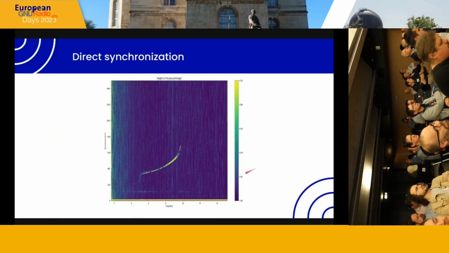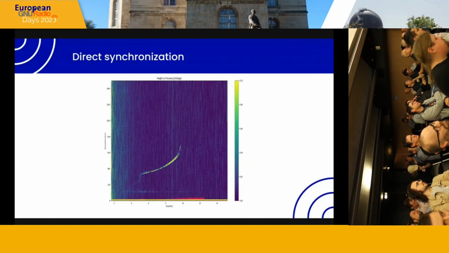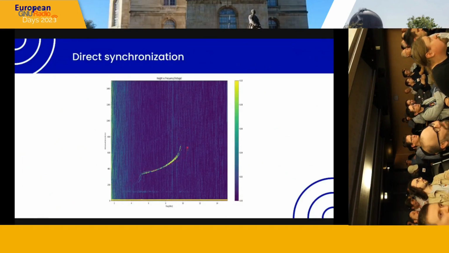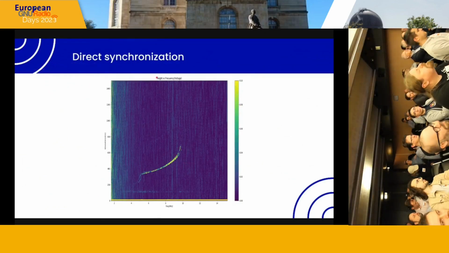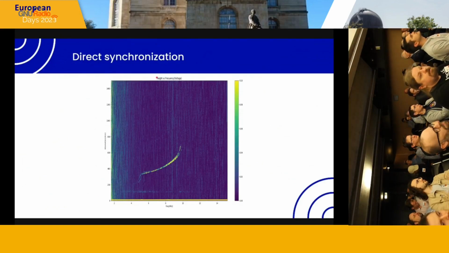What we got was that the transmission reference level was at 0, and also we could see the ionospheric profile. So we could see that with this direct synchronization, we could do it well.